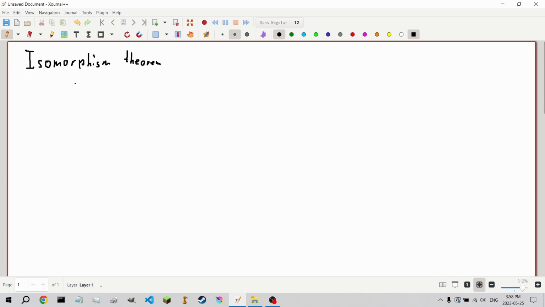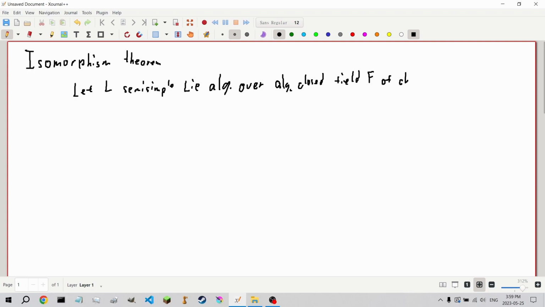So, our setup here, we're going to let L be a semi-simple Lie algebra over an algebraically closed field F of characteristic 0.